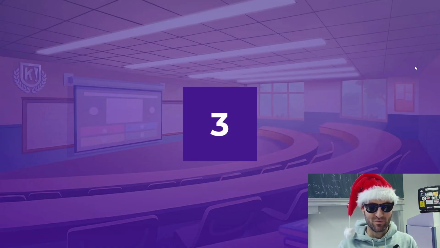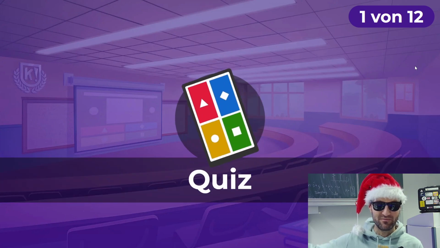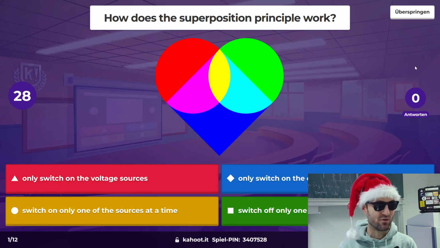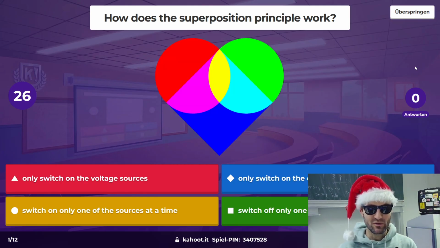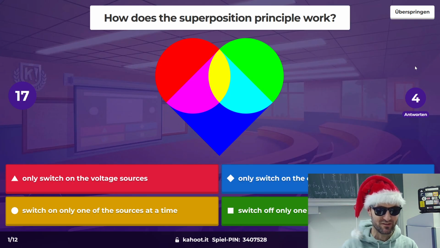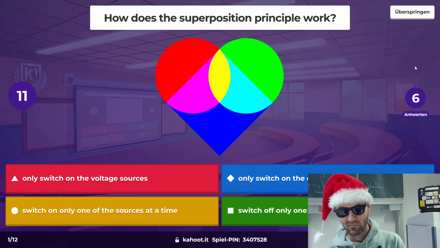So, according to the superposition theorem, we have questions. You will see the question on the screen. There are 4 choices to answer them, and you need to push the corresponding button in the corresponding color on your screen. So how does the superposition principle work? We only switch on voltage sources, we only switch on the current sources, we only switch on one of the sources at the time, or we only switch off one of the sources at the time.